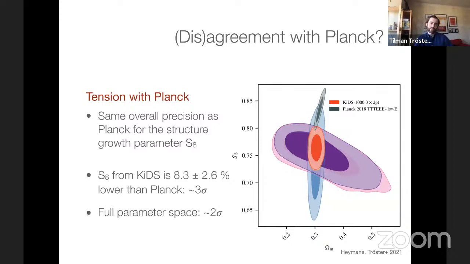But assuming that Planck did everything right and we did everything right, then you might ask, well, maybe our flat lambda CDM model with fixed neutrino masses is just a bit too restrictive to describe both data sets.